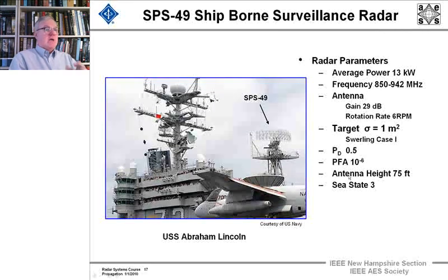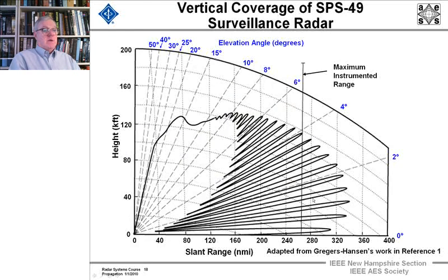We're going to do this calculation with an antenna height of 75 feet above sea level with a sea state 3. This calculation was done by Gregers Hansen, and it's been adapted and re-rendered from Merrill Skolnik's book, our textbook. And this is what the instrumented range of that radar is.